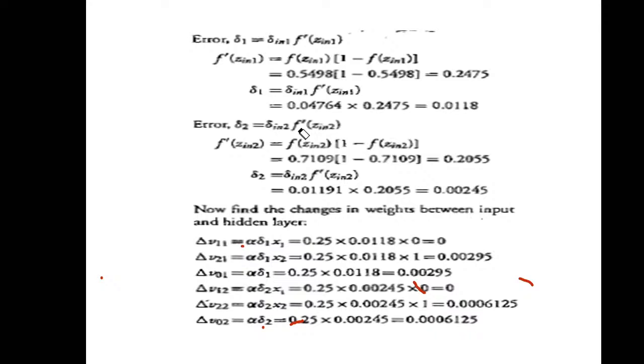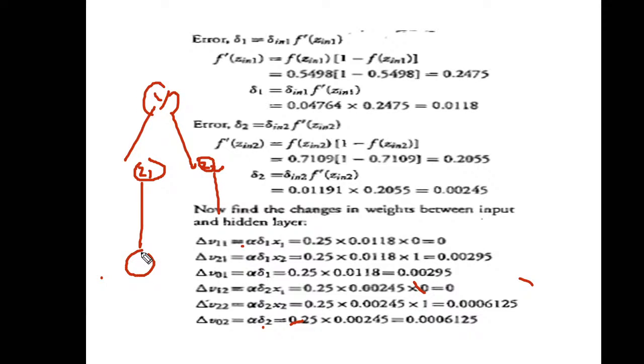Because of delta in 1, that is the total net input, I'll draw again so that it will be clear to you. Here this is Z1, this is Z2, and this is Y, and this is X1, X2.